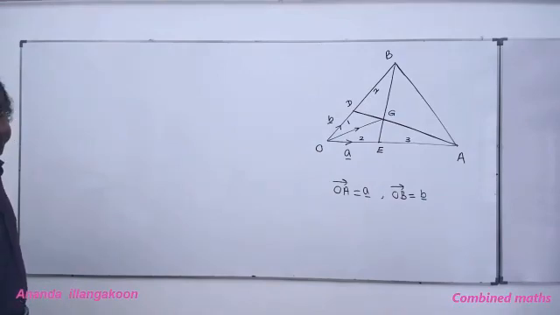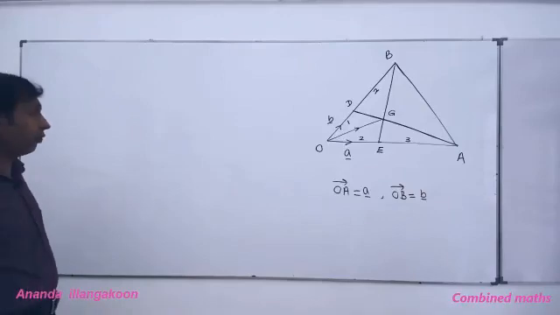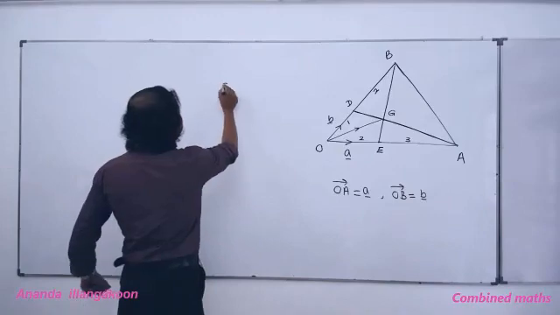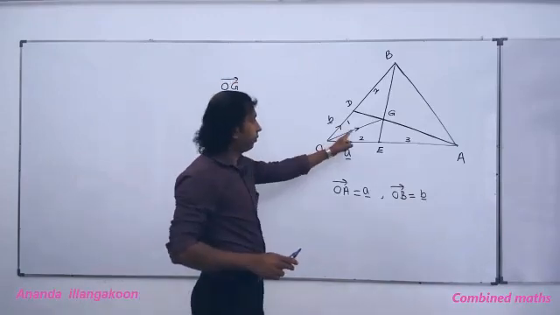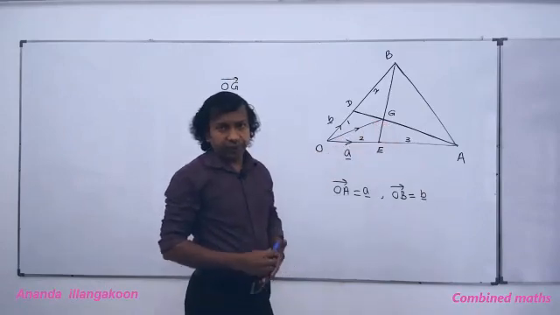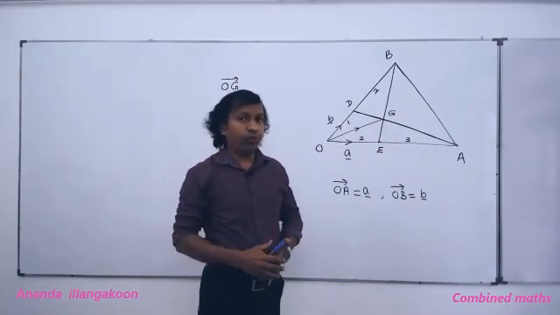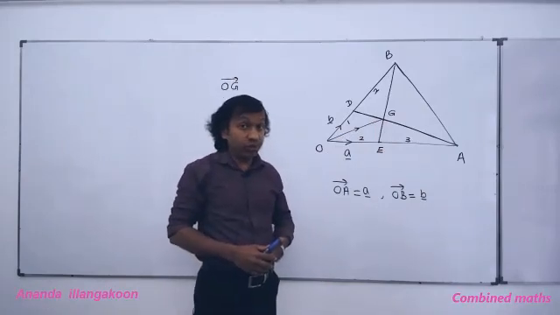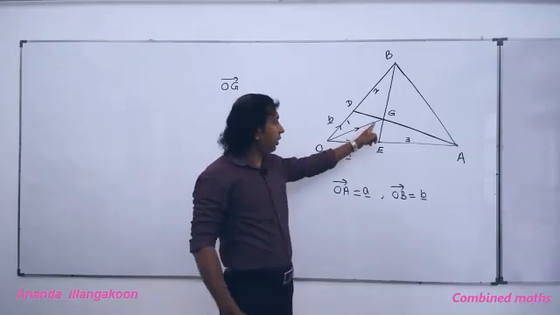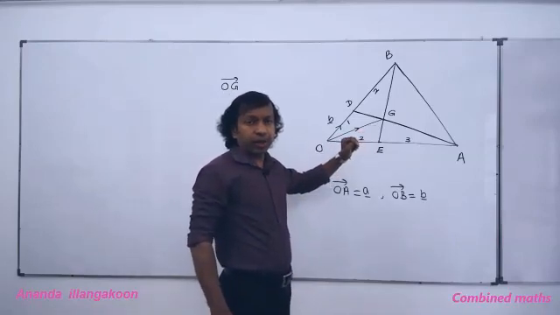Now, in this case, we need to get two answers for OG. First decide how to get this OG vector by using the triangle law of vector addition, in two ways. You can very easily see in this diagram, for this OG vector I can write two relations.